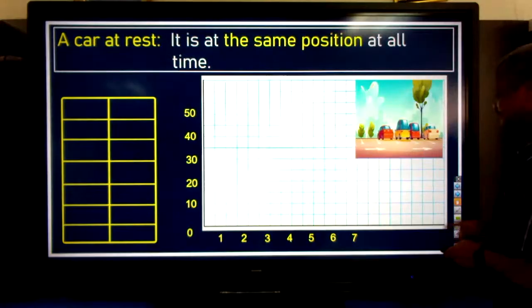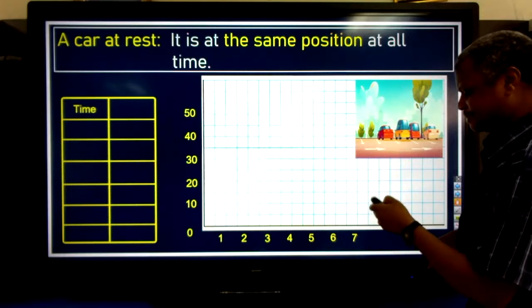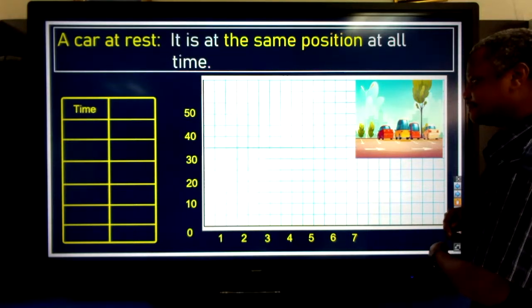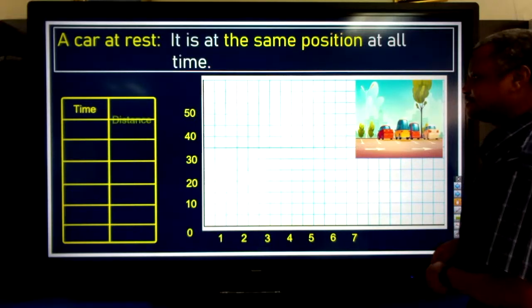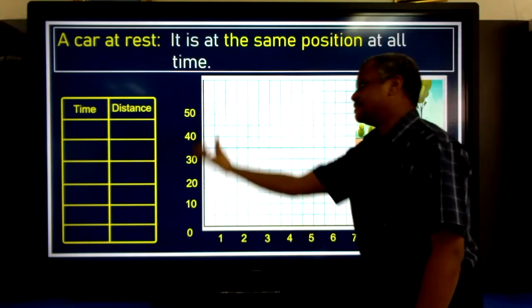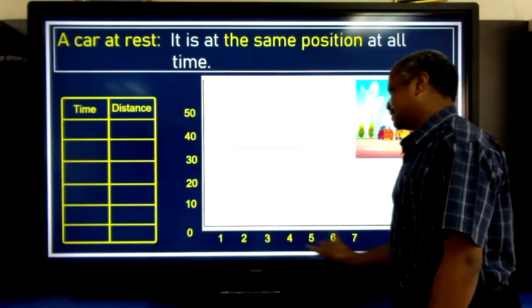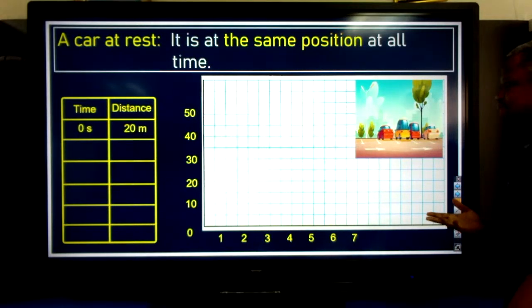Let's take for instance time and distance. The distance will be on the y-axis, and the time will be on the x-axis. At 0 seconds, the vehicle is at 20 meters.